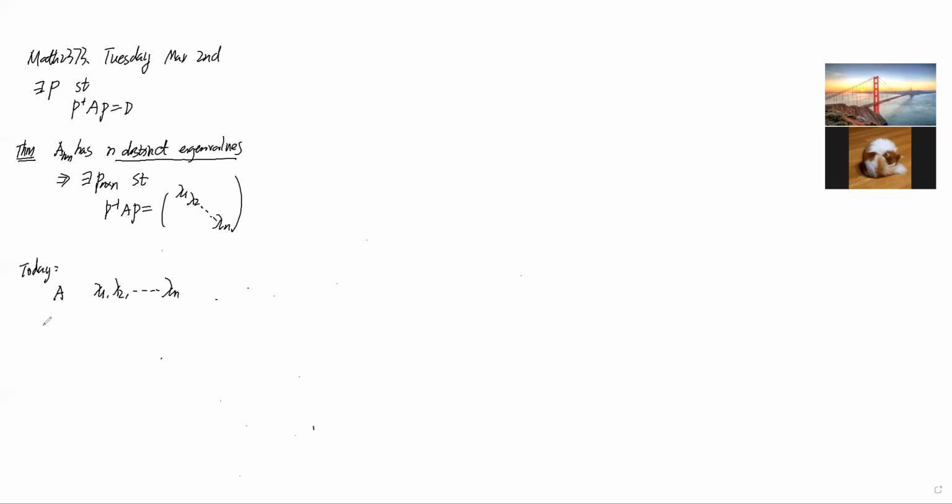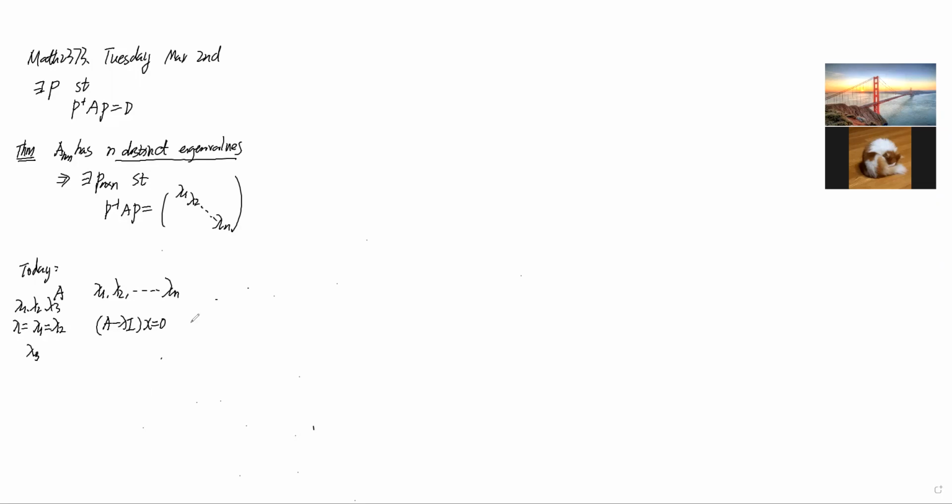For example, if lambda 1 is lambda 2, we can write it as a repeated lambda. Like this, you try to solve this equation. If the multiplicity is 2, for example, I talk about lambda 1, lambda 2, lambda 3. Lambda 1 is lambda 2, but lambda 3 is different from lambda 1 and lambda 2.